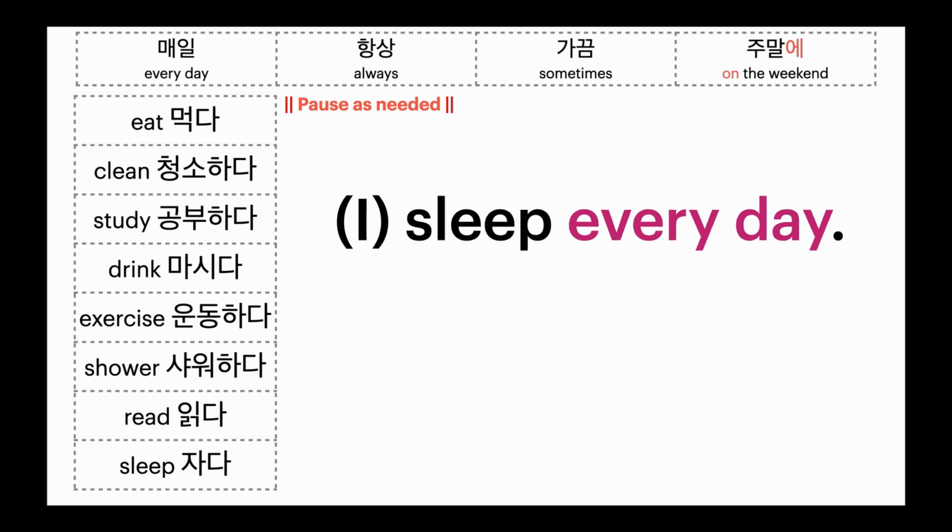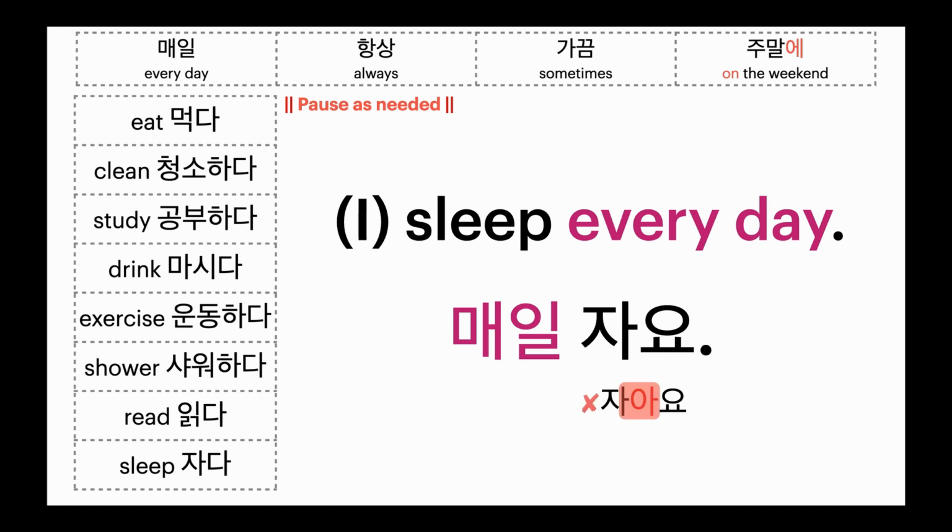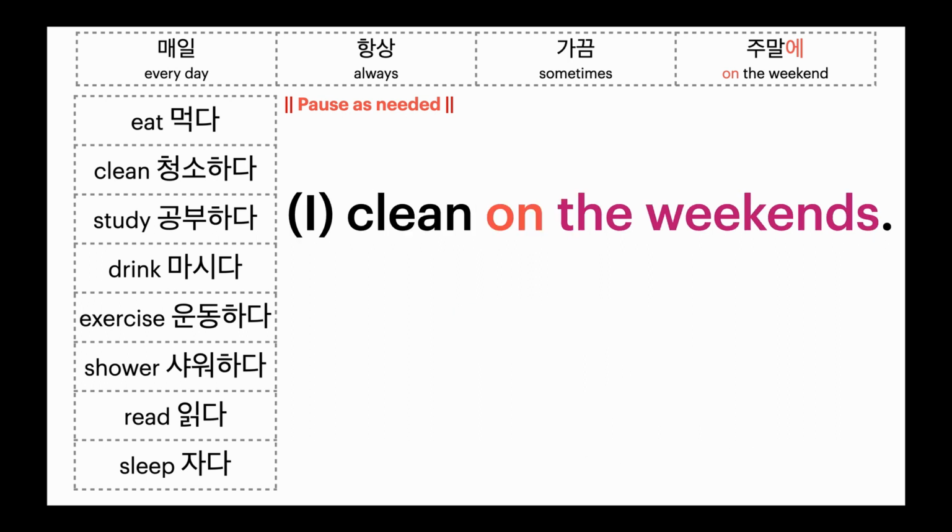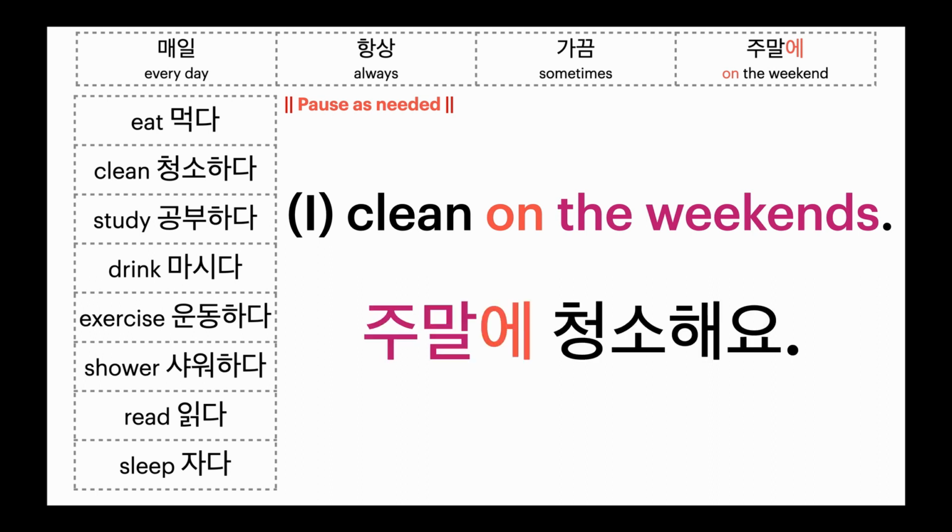I sleep every day. 매일 자요. And notice that it's not 자아요. This a vowel is rather difficult to say, and so it just merges into 자요. This is very much like 가다, to go, in which we just say 가요. I clean on the weekends. 주말에 청소해요.